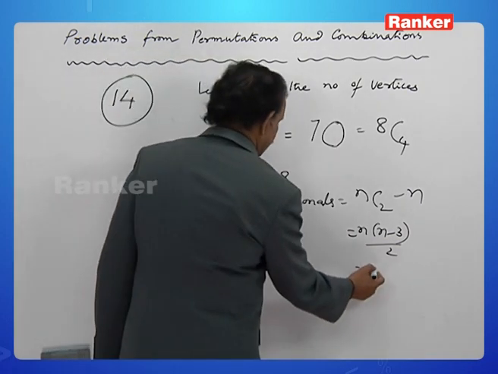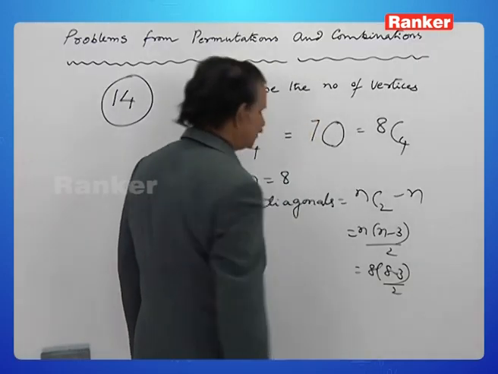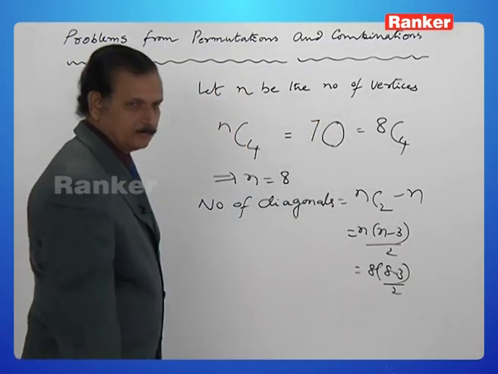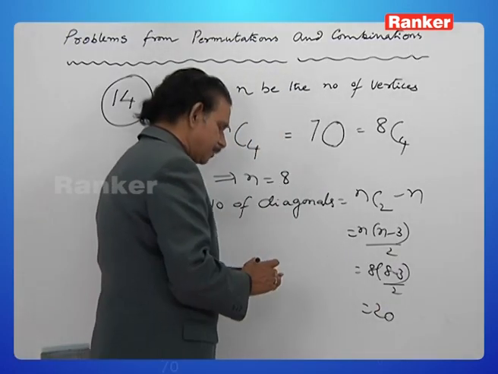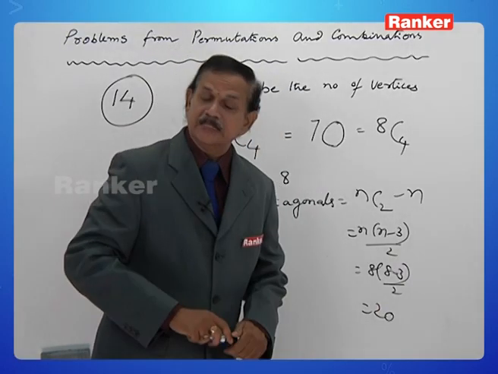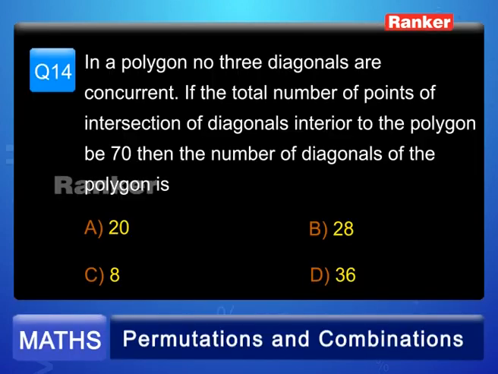This is nothing but 8 into 8 minus 3 by 2. 8 minus 3 is 5, 8 5s are 40, 40 by 2 is of course 20. So what is the total number of diagonals present here? It is 20 and it is available in option A. So the right answer is 20. That is, the right option is option A.